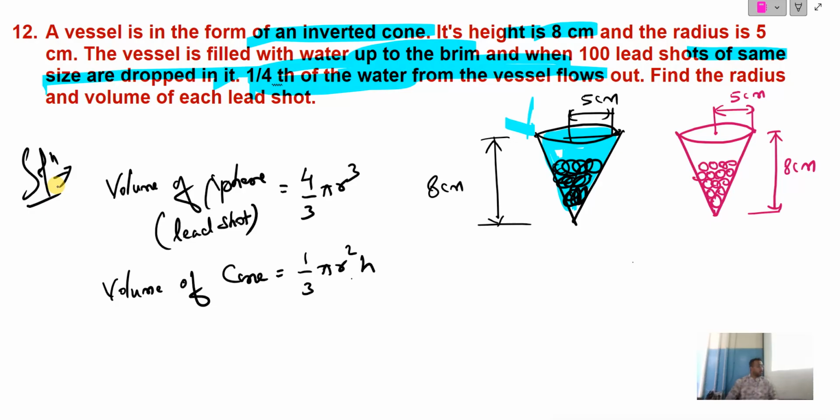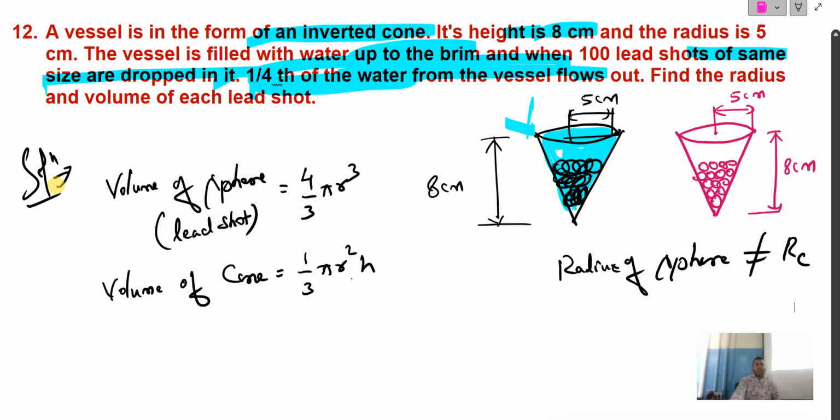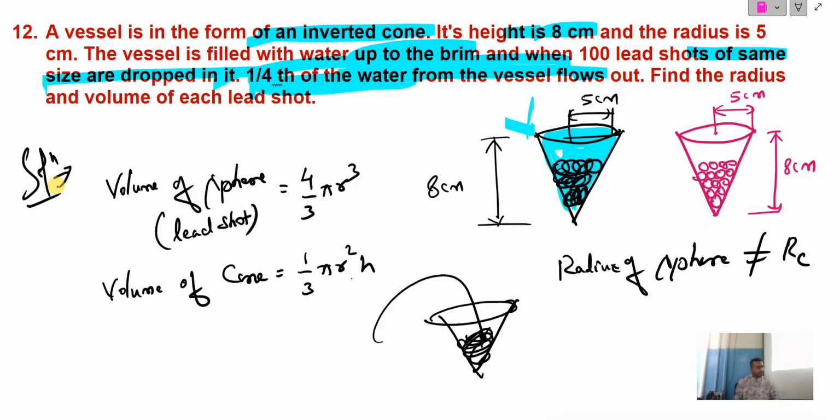So here we can write: volume of 100 lead shots is equal to volume of water that flows out. Will you agree with this statement? Yes or no?